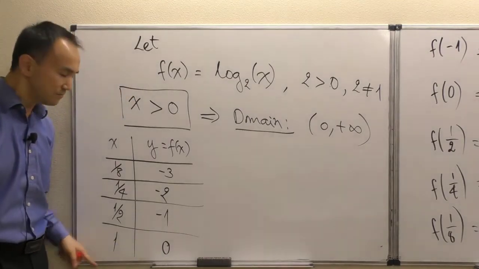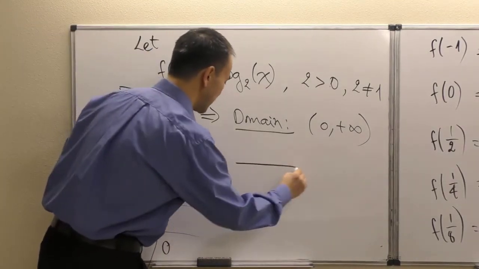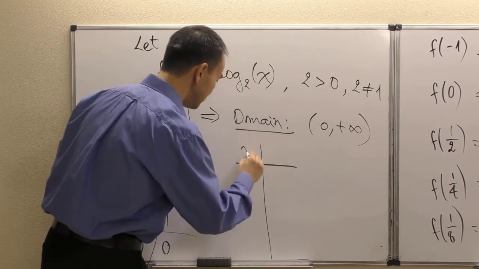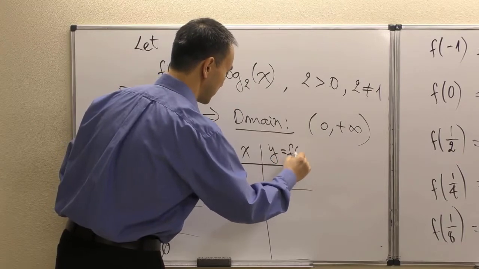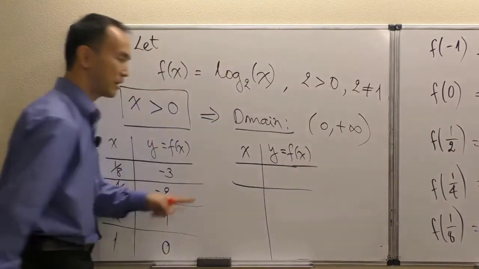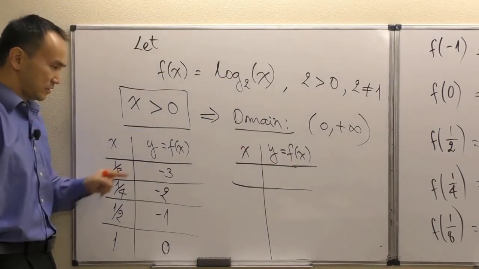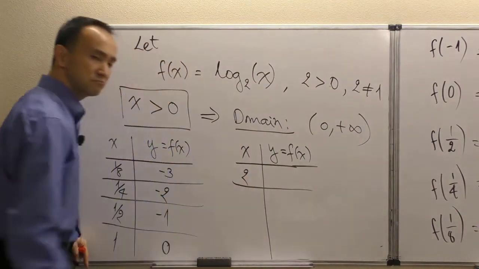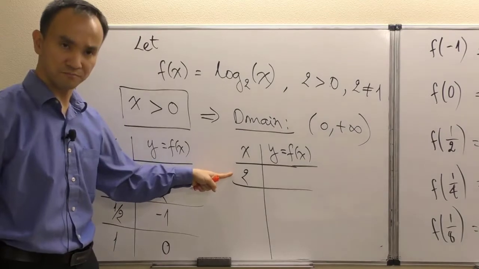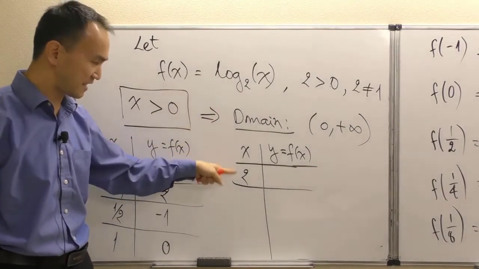All right, now I'm going to continue my table here. x is for the input, and the output is the y value, the output of a function. So now when the input goes higher than 1, I substituted in x equals 2 very early in this work, and I've already erased that.